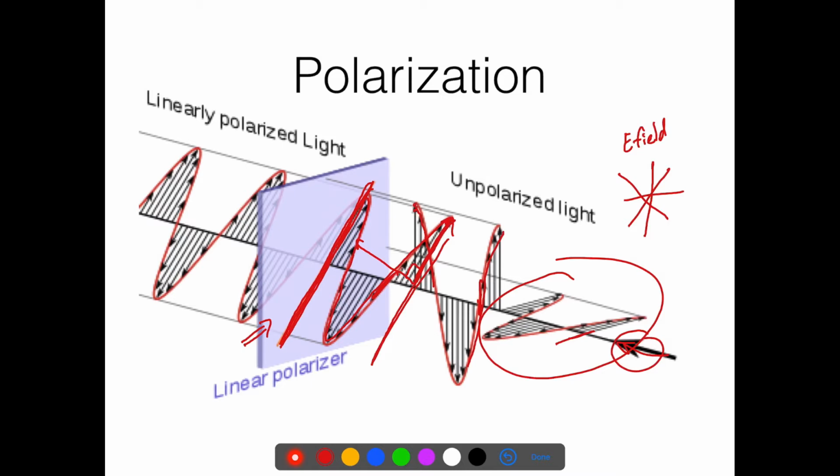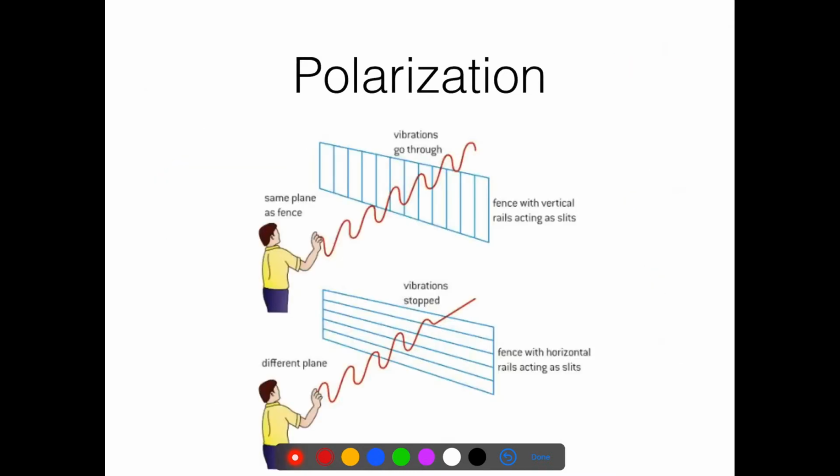Half of it will be vertical, half of it will be horizontal, or whatever direction our polarizer is pointed in, and 50% of the light will make it through a polarizer. Okay, and this is going to be an important idea later. But this idea of being able to polarize the light so that the light's all in the same direction is going to be kind of an interesting idea, and we'll look at why that's helpful later.